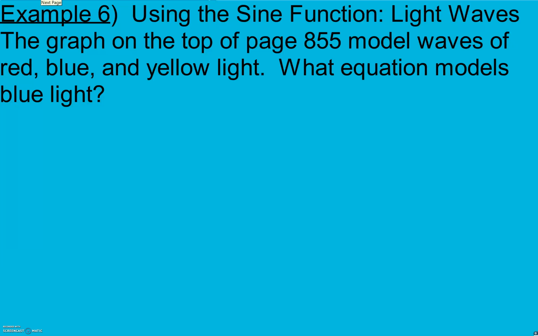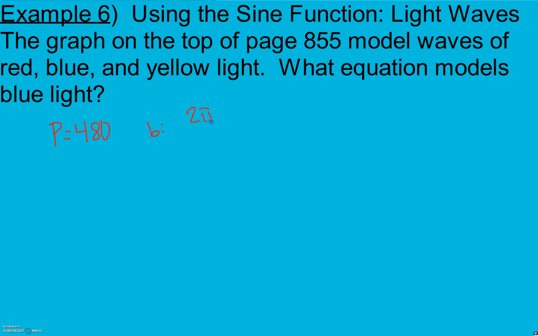We're going to use the graph on the top of page 855 to model waves of red, blue, and yellow light. What equation models blue light? So if we look here at blue light, we can tell that it's a sine function because it starts at 0 and one cycle ends at 480. So our period is 480, which means we can find our b value.